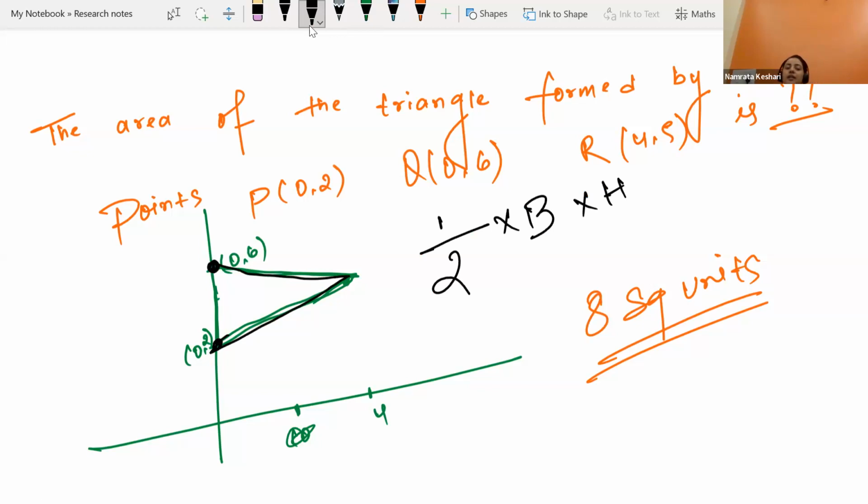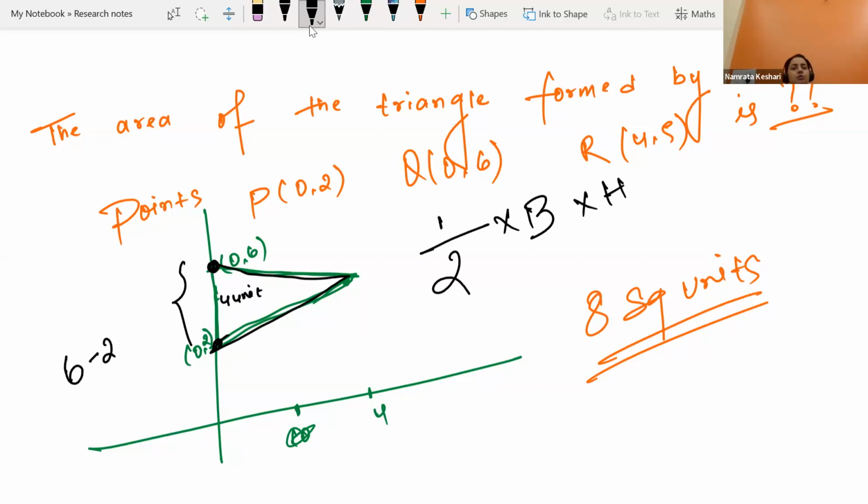That day I was explaining, if you want to find the distance between 2 points, you just need to focus on the y coordinate, find the vertical distance, and apply the b minus a formula. That means the top number minus the bottom number gives you the distance, 4 units.